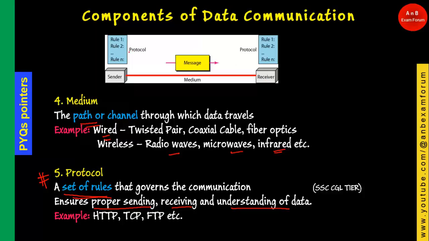And the protocol basically is a set of rules which define the proper sending and receiving and understanding of data. Okay, for example, the sender is sending some data in English, okay, but the receiver is not understanding English. Okay, so protocol says that it should have understanding of English, then it can understand that data. Okay, so these are the 5 components of data communication.